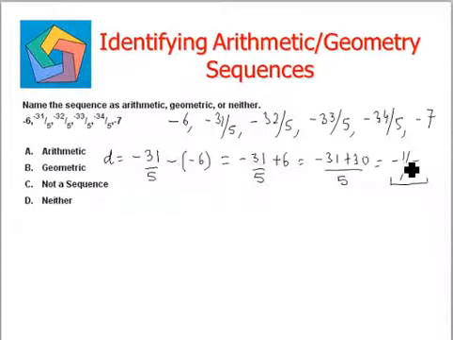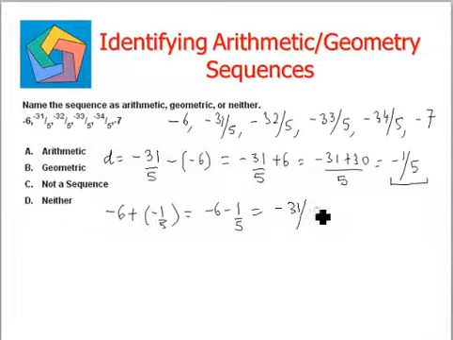Let's see if by adding this term to each of the terms we get the next term or not. So we add -6 and -1/5. -6 was the first term, so -31 by 5 is the next term, the second term. So to -31 by 5, I add again the common difference of -1/5.